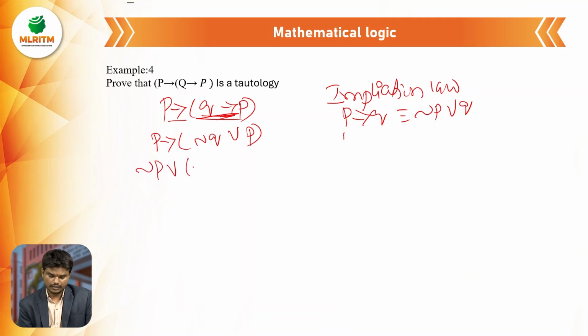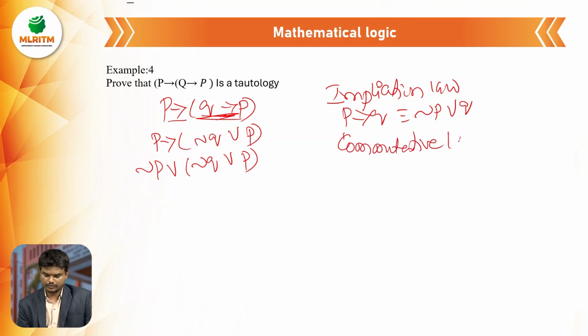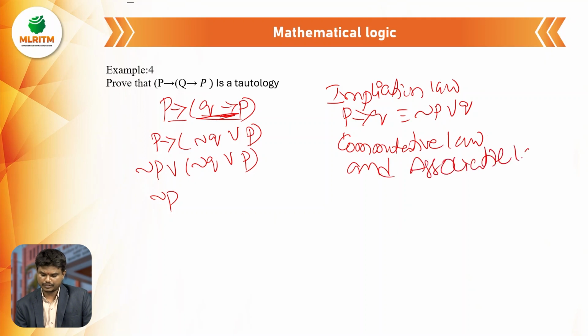¬(¬P ∨ Q) ∨ P. So we are using the commutative law and the associative law, the same symbol law.